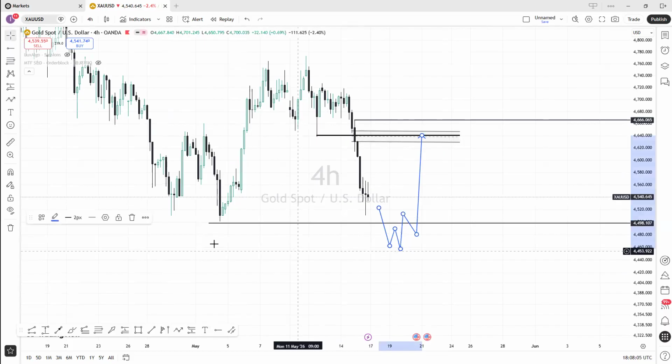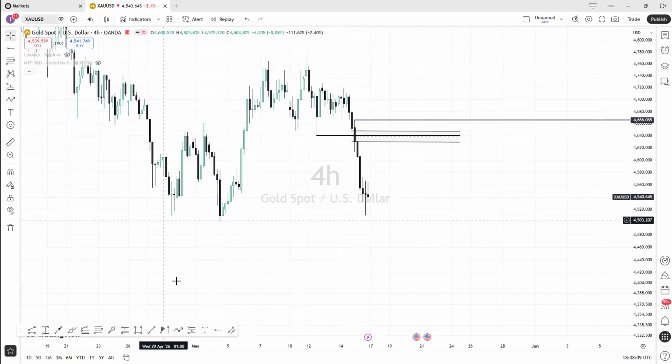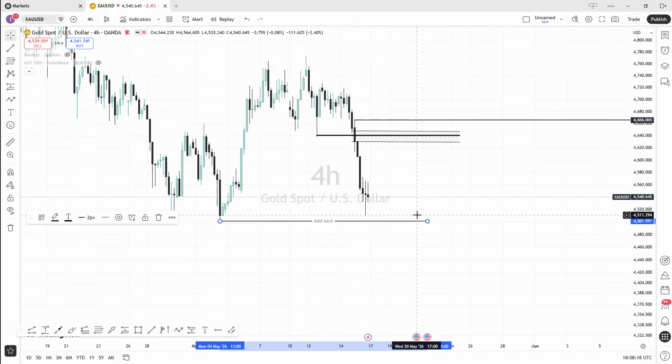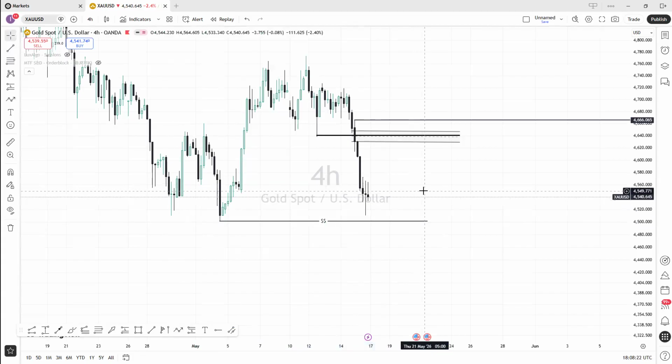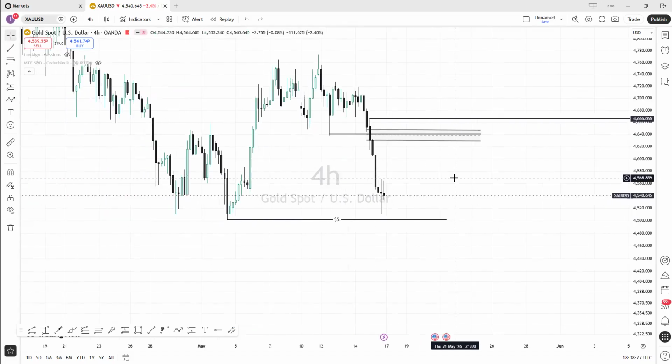There is high probability price drops to take out this sell side liquidity listed below here, because we are in a distribution move, and we expect high volatility. When we are in a distribution move, price is likely to move aggressively.